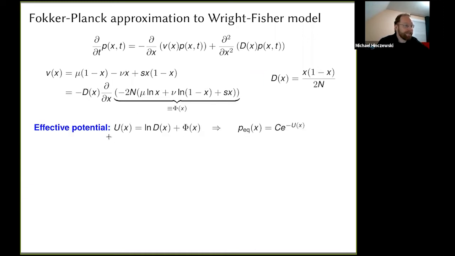If you work it out, you get an effective potential for the system, and your equilibrium distribution, the one you will eventually get to at long times if you don't change the parameters of the system, is given in a Boltzmann form with this effective potential.